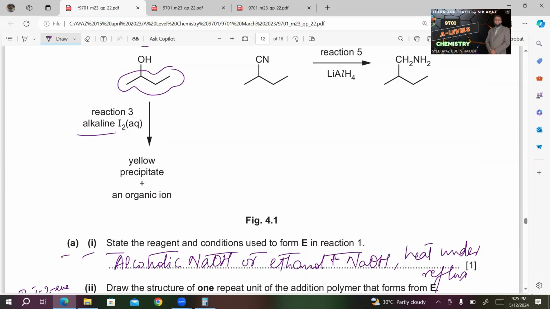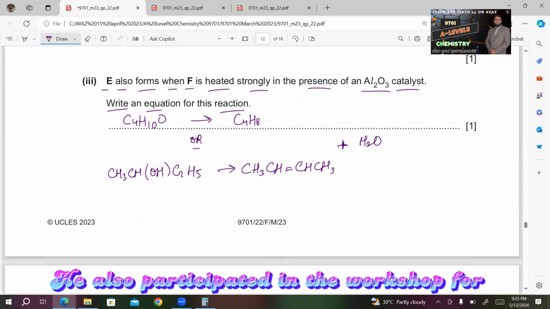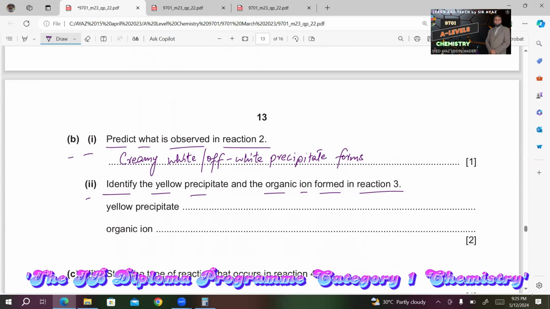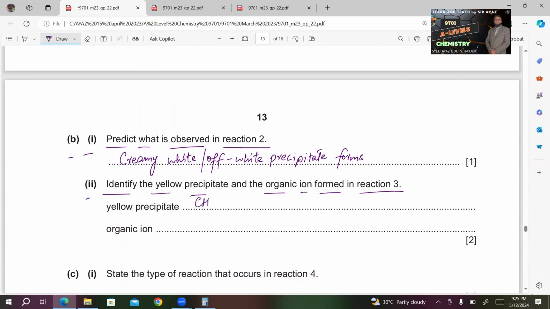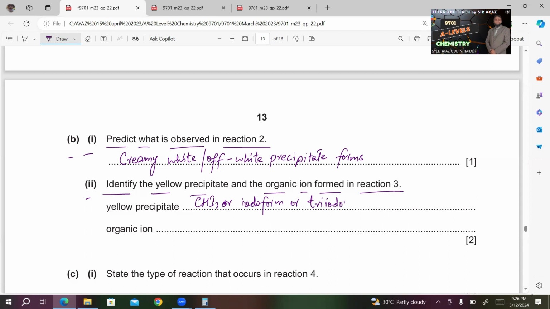Yes, it must be propanoate. We'll be getting iodoform or CHI3. You can also call it triiodomethane.